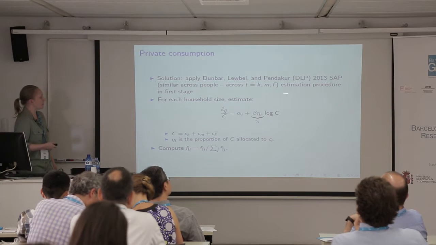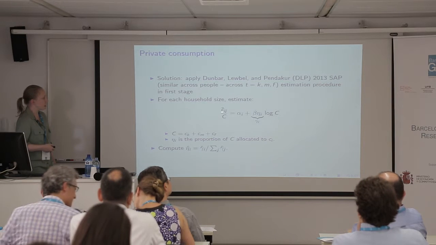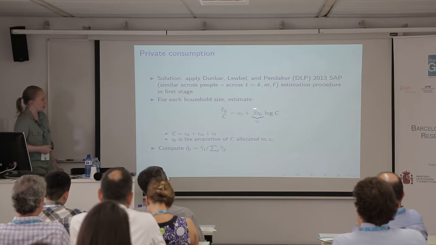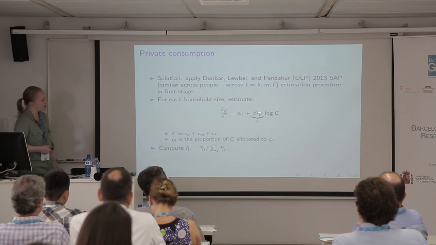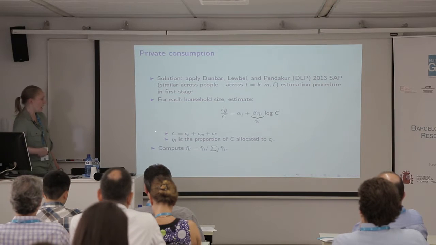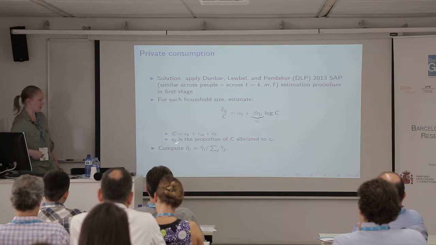And so basically for each household size, I estimate this function here where this is the assignable good, this is total consumption, and then what we get is this coefficient here where eta_i is the share of total consumption going to member i, and then that basically can be backed out via this function here.